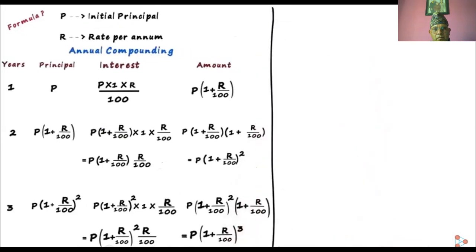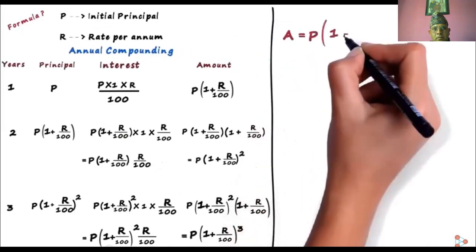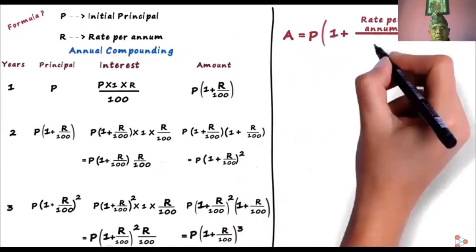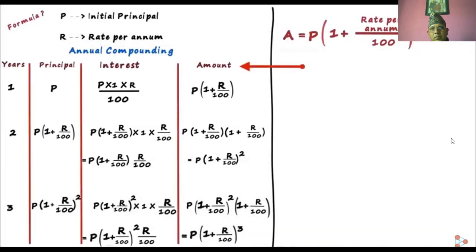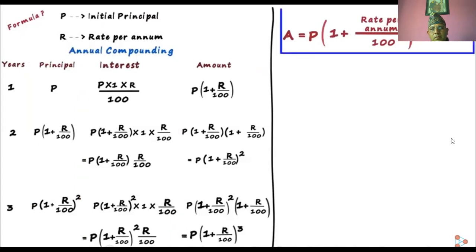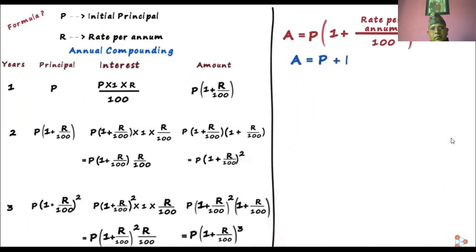The formula can be generalized as the amount received will be P multiplied by 1 plus rate per annum by 100 raised to number of time periods. Instead of making a table by forming 4 columns, we will get the amount due in just one line using one formula. Notice that we get the total amount in the formula and not just the interest. We know that the total amount equals the principal plus the interest accrued.